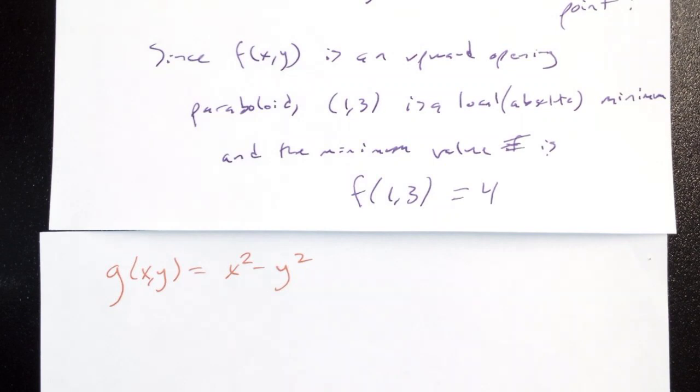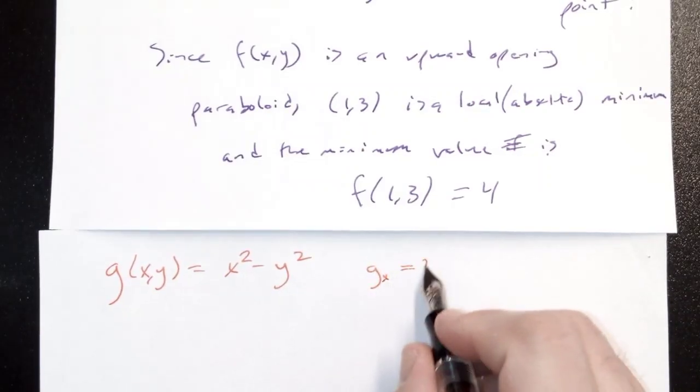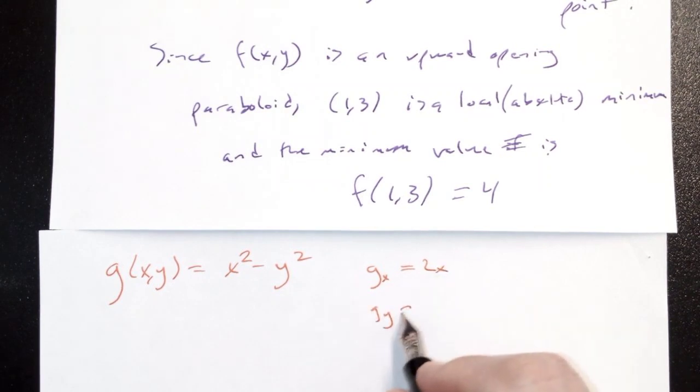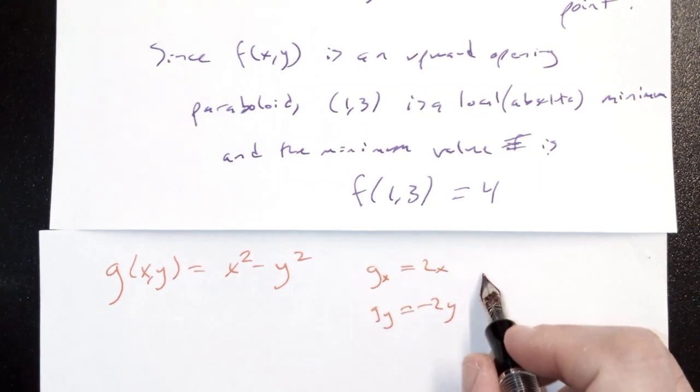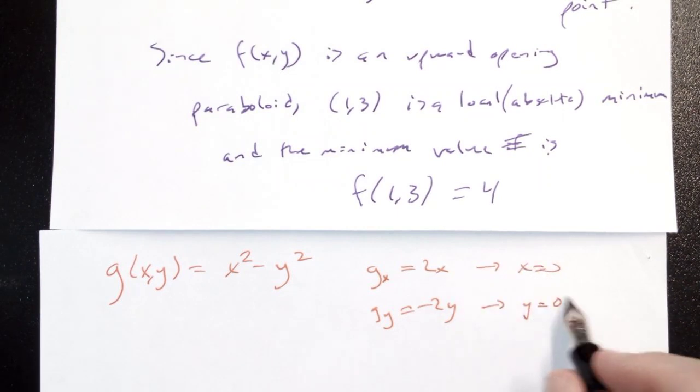I'm sorry, say that again. Oh, let's check. Because my partial derivatives, the only way those are 0 is when x is 0 and y is 0.